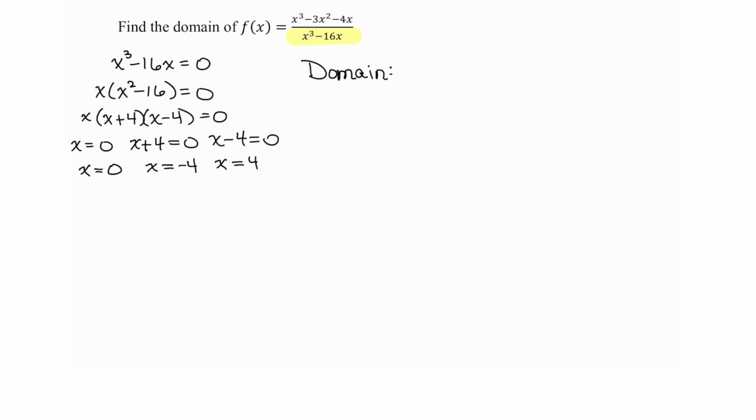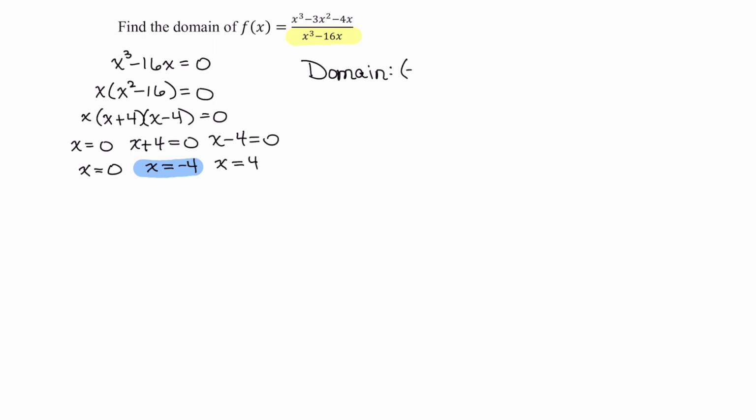And we're just needing to not include the 0, the negative 4, and the 4. So we're going to go from negative infinity to whichever in the list of our x values that we don't want to include would come first. And so that is our x equal negative 4. That's the smallest of the x values that we can't use.